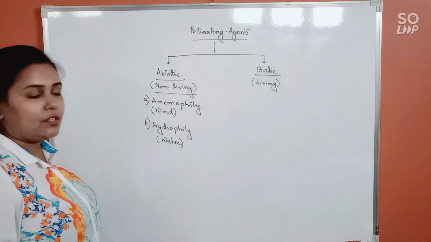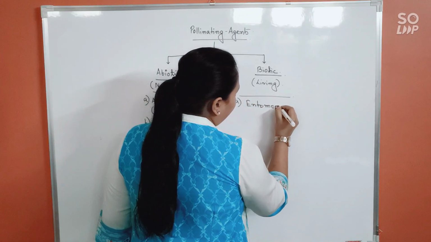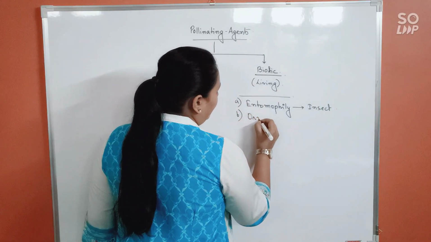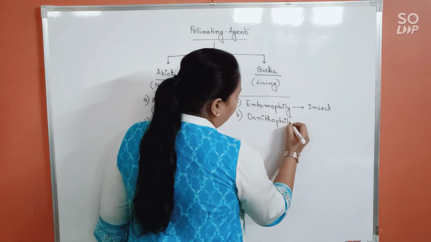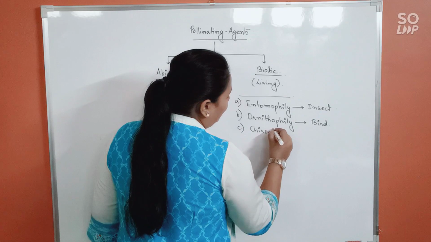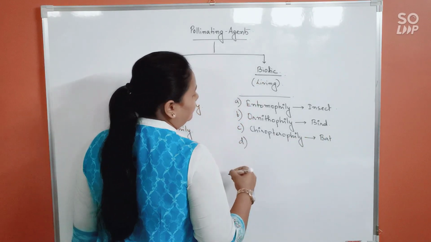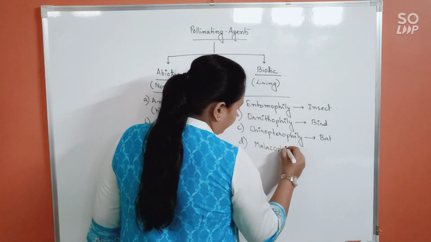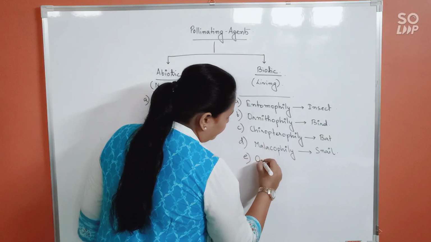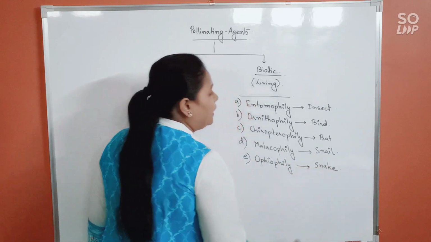Alright? Whereas biotic agents can be again of various types like entomophily, means insect pollination, ornithophily, means bird pollination, chiropterophily, means bat pollination, malacophily, snail pollination, ophiophily, snake pollination, etc. Alright?